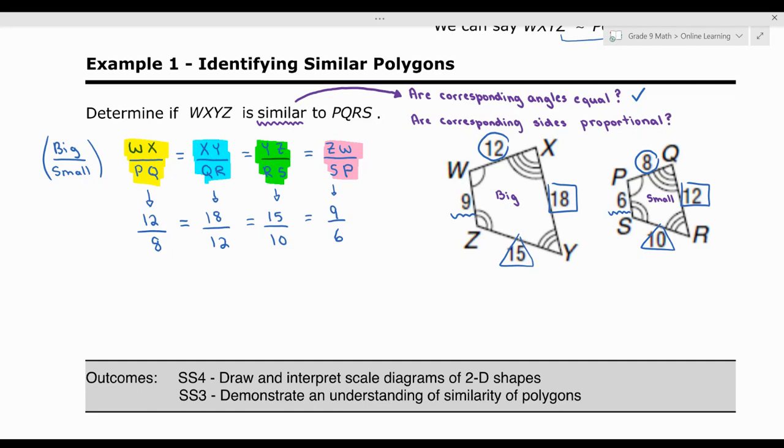So let's double check. 12 eighths, I will get 1.5. 18 twelfths, I will also get 1.5. 15 tenths, I will get 1.5. And then 9 sixths, I will get 1.5. Because these are all the same, we are allowed to say that the sides are proportional.